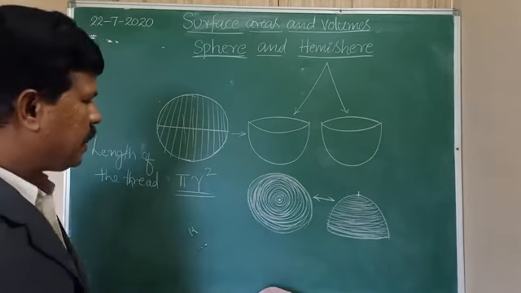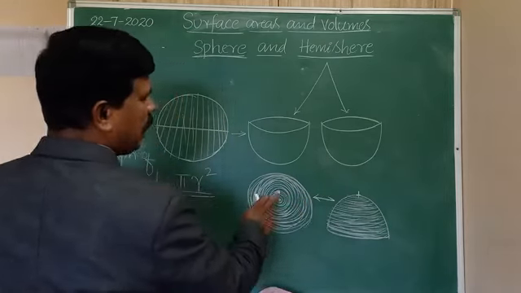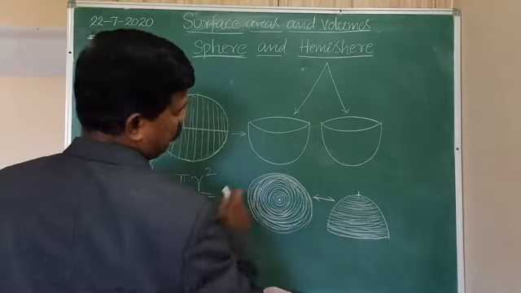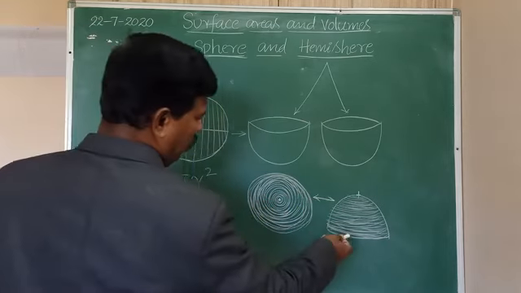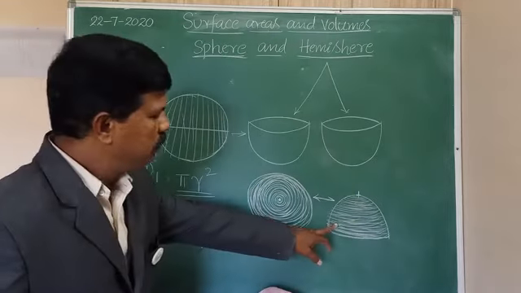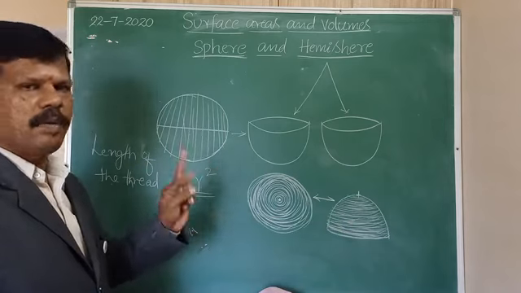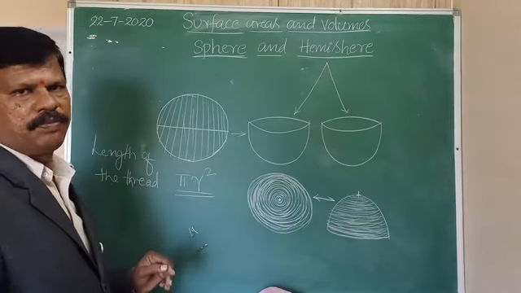You will notice that the length of this circular part is half of the length of this. It means the length of thread required to cover this part is exactly double of this circular part.